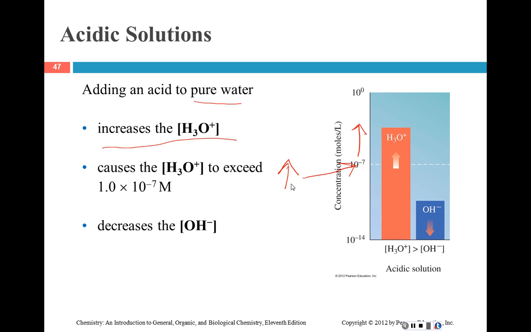When you're in negative exponents, if it's going to be a stronger concentration than 10 to the minus 7, it'll be 10 to the minus 6, because 10 to the minus 8 is a smaller number than 10 to the minus 7. As I increase the hydronium ion concentration, I am going to be decreasing the hydroxide.